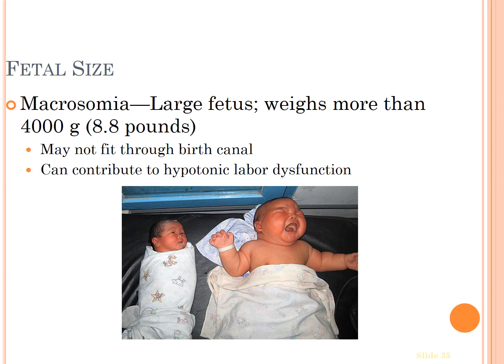And with these macrosomic babies, and typically this is not unusual with your gestational diabetics, they are going to have difficulty getting through the birth canal. Okay, and large babies, because that uterus is stretched way too much, can contribute to a hypotonic labor dysfunction.